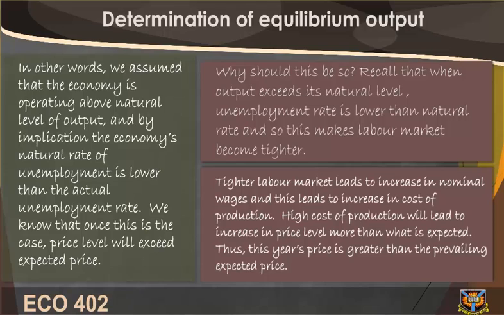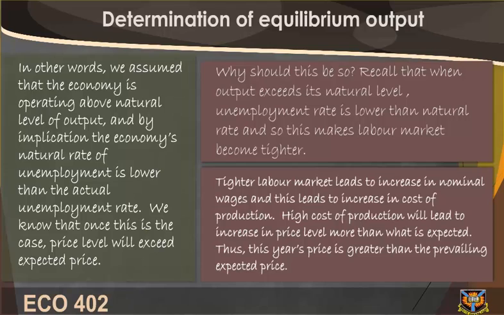In other words, we assume that the economy is operating above natural level of output, and by implication the economy's natural rate of unemployment is higher than the actual unemployment rate. We know that once this is the case, price level will exceed expected price. Why should this be so?